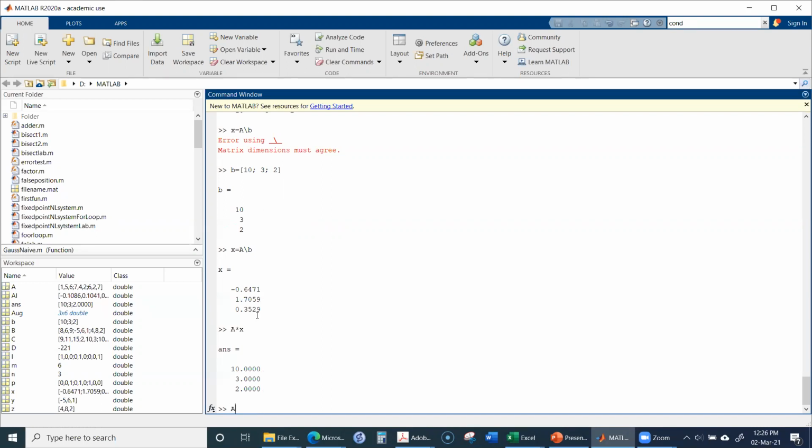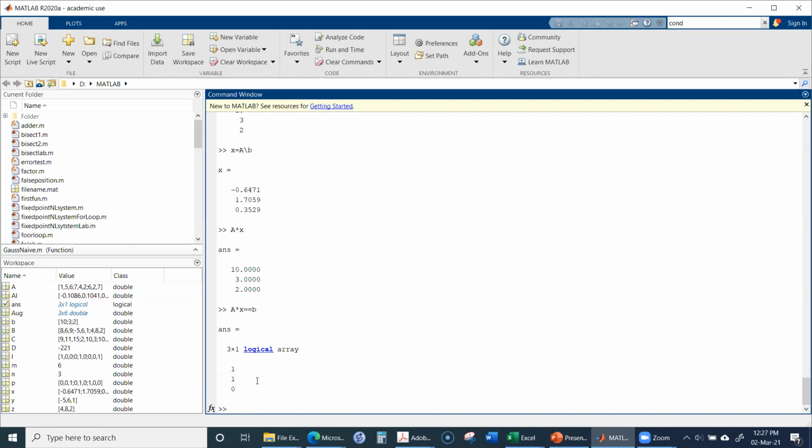If I put A star x and then a double equal sign B, see what happens. It gives 1 1 0. If we get 1 1 1, that means that our equality holds true over here.